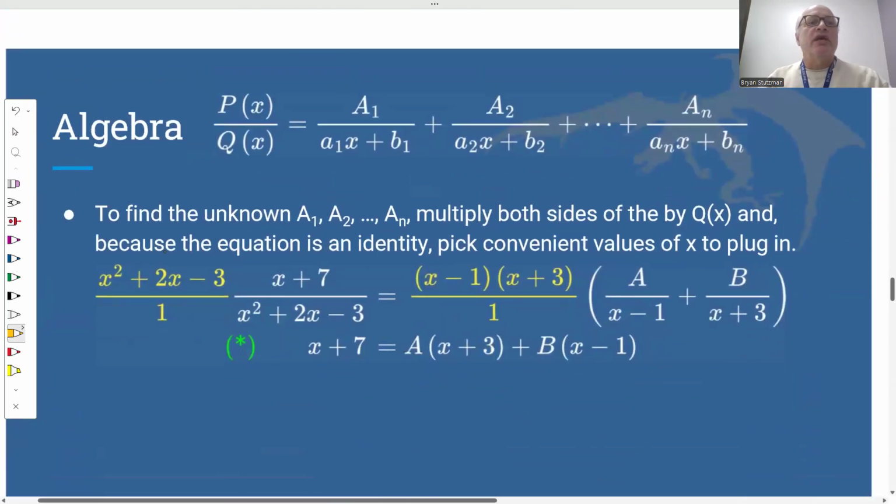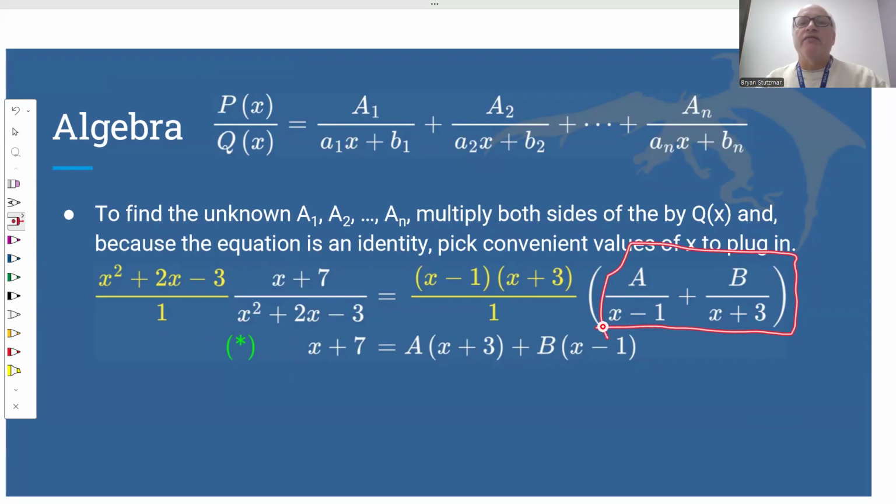So what we're trying to find out is x plus 7 over x squared plus 2x minus 3. I know that it factors into x minus 1 times x plus 3. So I've got that equivalent, and the way I'm going to find it is, first I'm going to multiply both sides by the denominator, written in factored form.